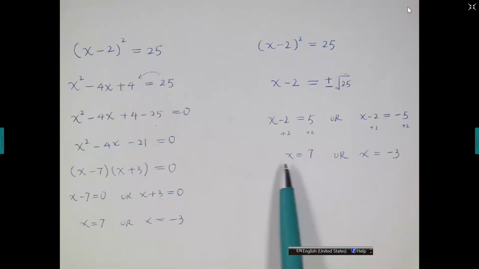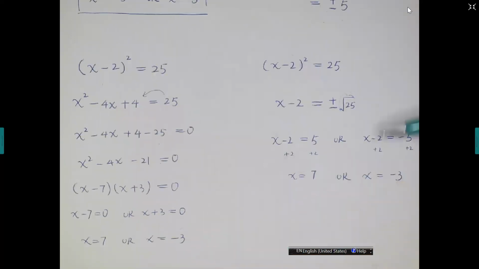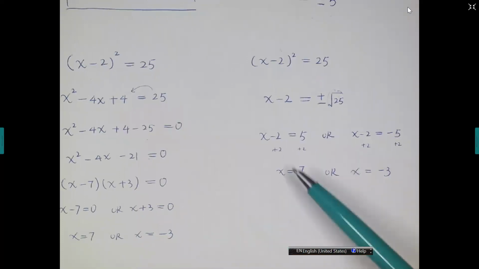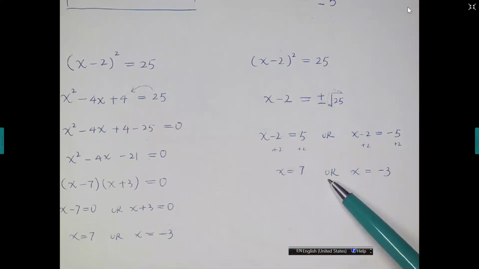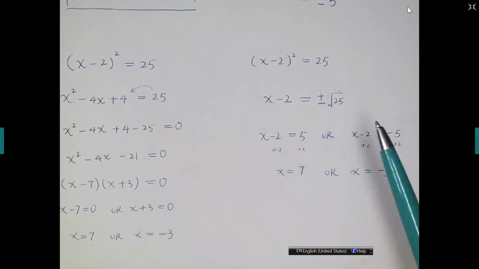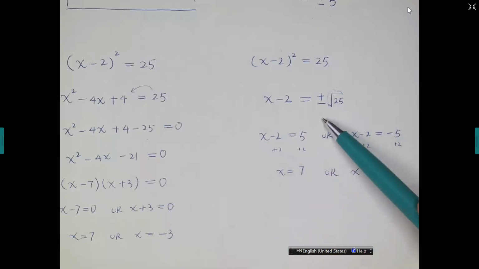Done. See, we got the same answer here, but if we use the square root principle on this equation, I believe we could save some time. Okay, so this is the comparison, and still you can go either way to solve the equation, but now we have multiple tools.